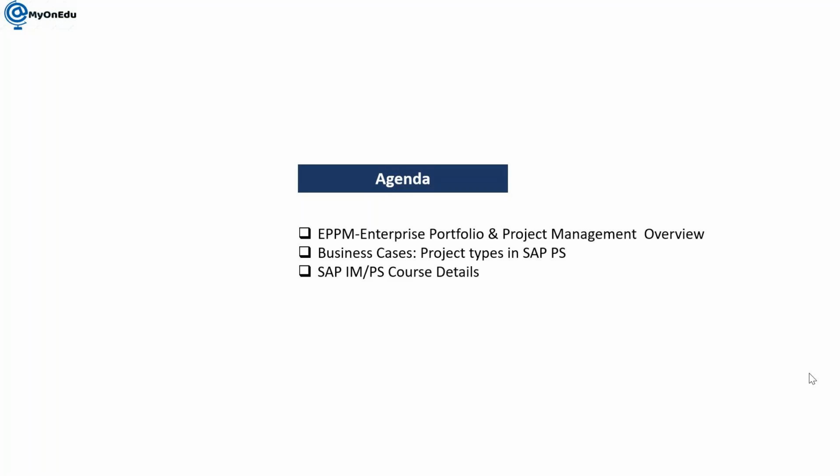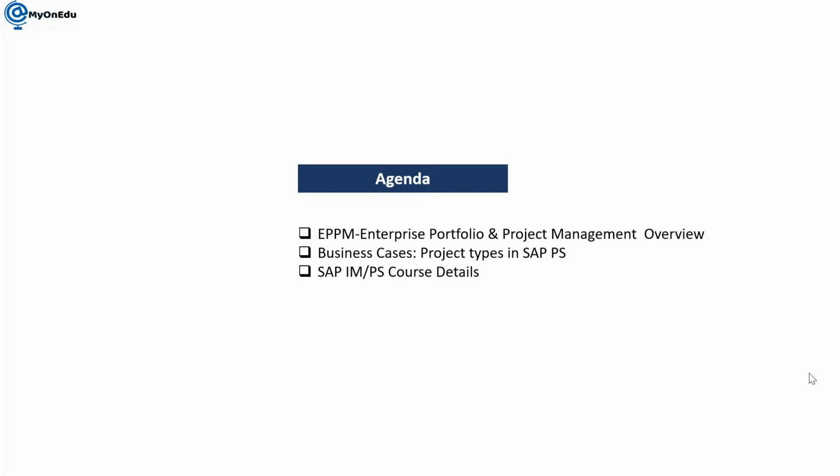So these three modules, Project System, PPM, and CPM, combine into one, and we call it EPPM. Nowadays in the industry, all companies are asking for EPPM resources, whether they need to implement Project System, Portfolio Project Management, or Commercial Project Management. But mostly companies are looking for EPPM consultants.